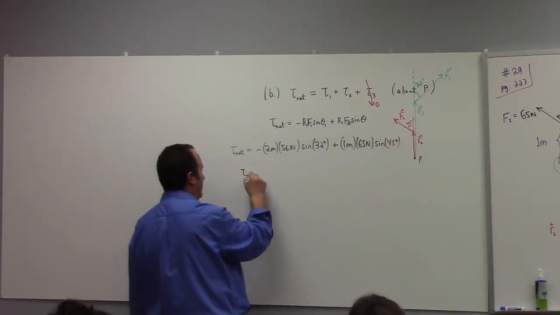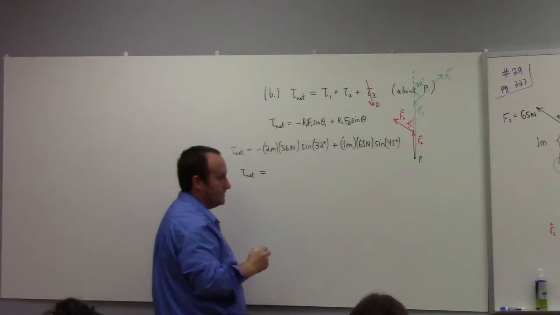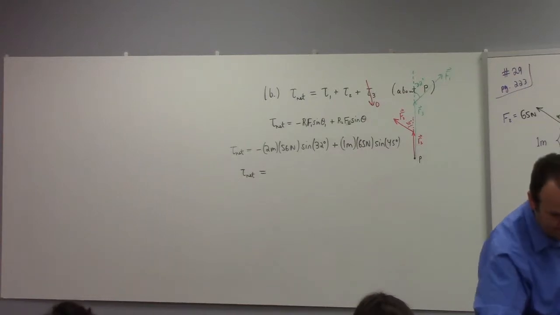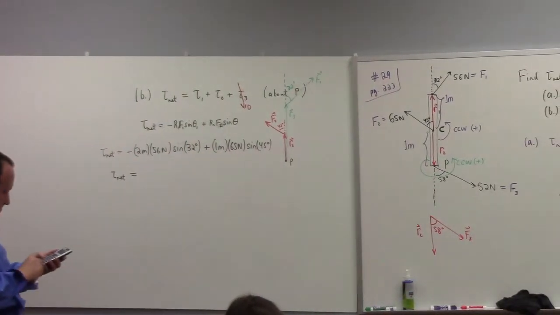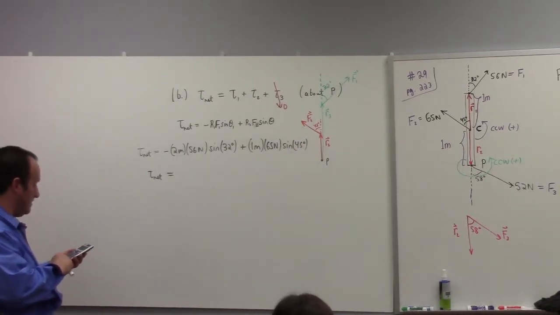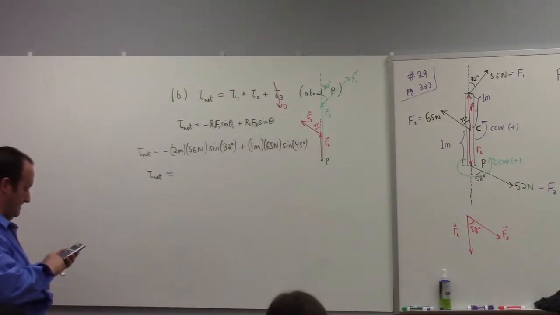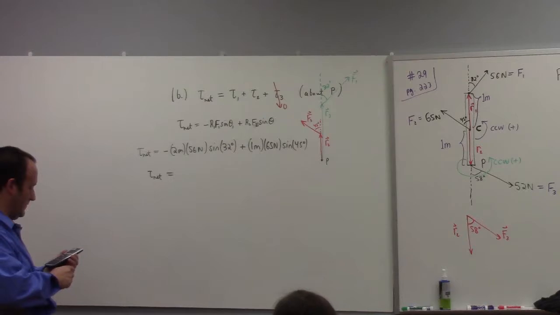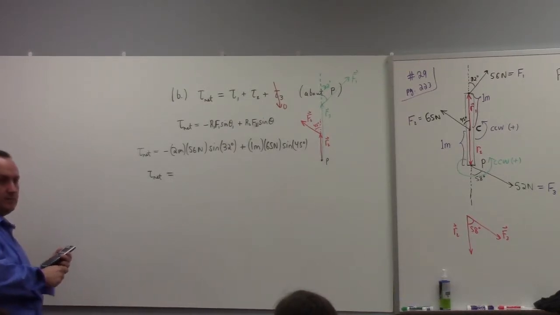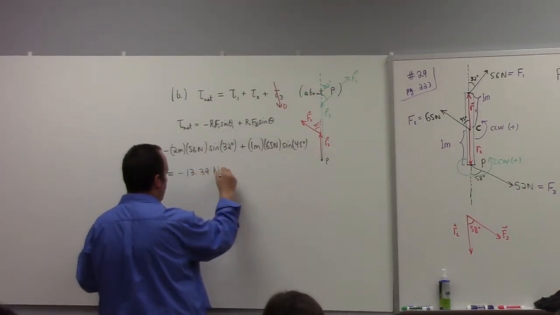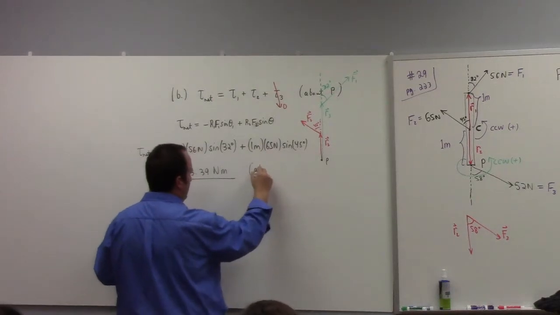So the net torque about the other point, about the end point, is what? Did you guys get minus 13.39 newton meters?